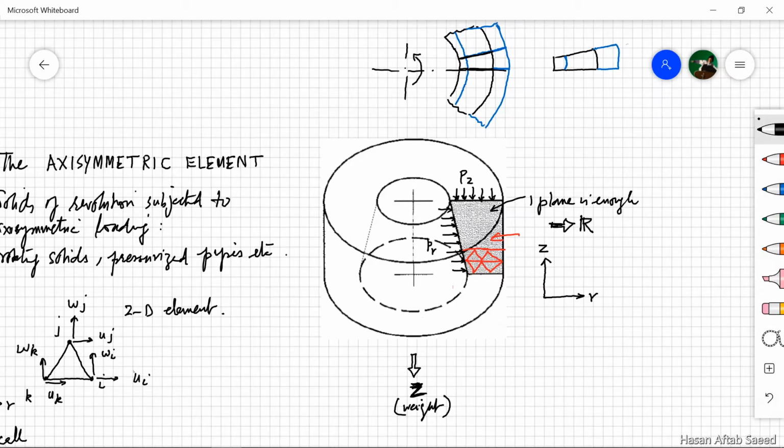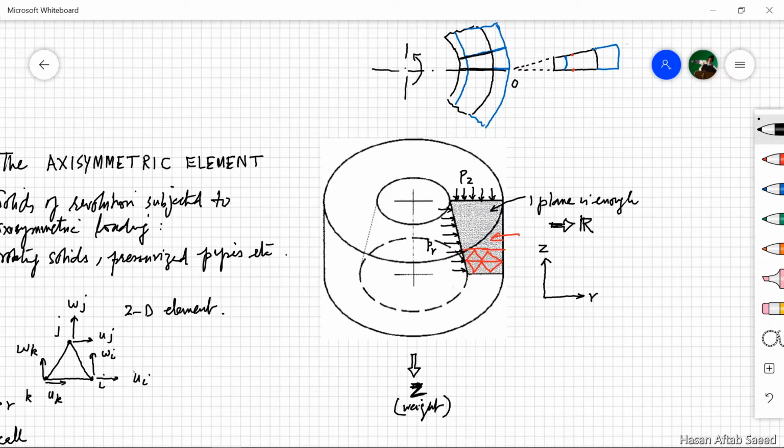Now take 2 points at a radius r from the center, from the origin. Let's trace the origin by extending the two planes.